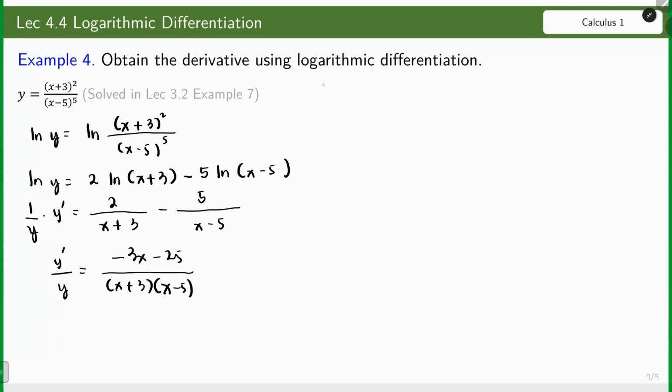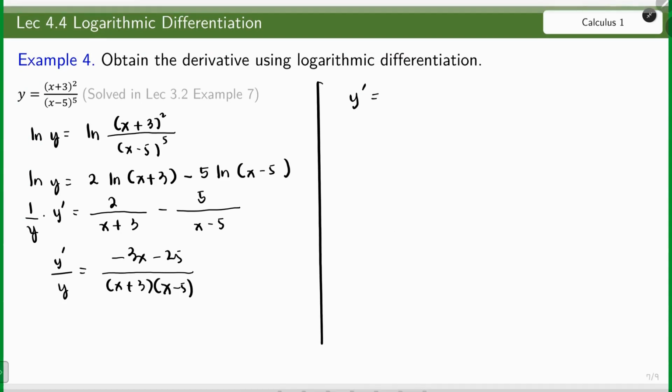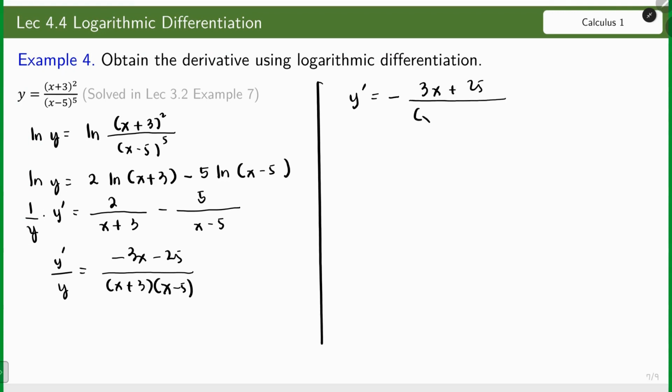Next step is to multiply y to both sides of the equation so that only y prime remains. And also, let's take out the negative. So we have 3x plus 25 all over x plus 3 times x minus 5, multiplied to y.